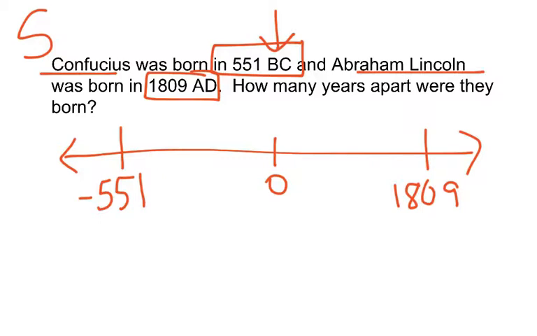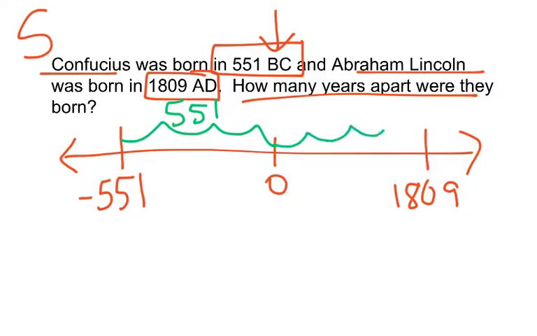So this is at negative 551, and this is at 1809. And again, how many years apart were they born? Well, from here up to here was 551 years. And from here up to here is 1,809 years.